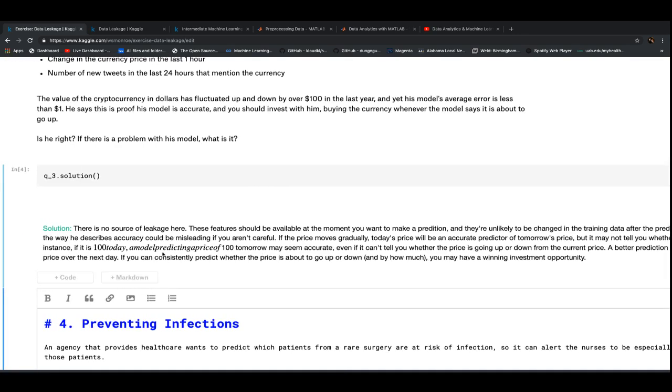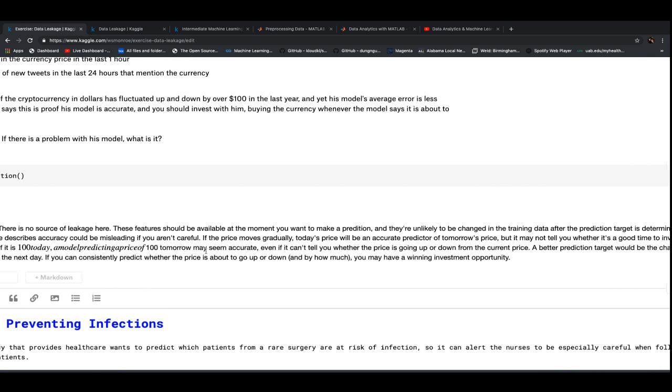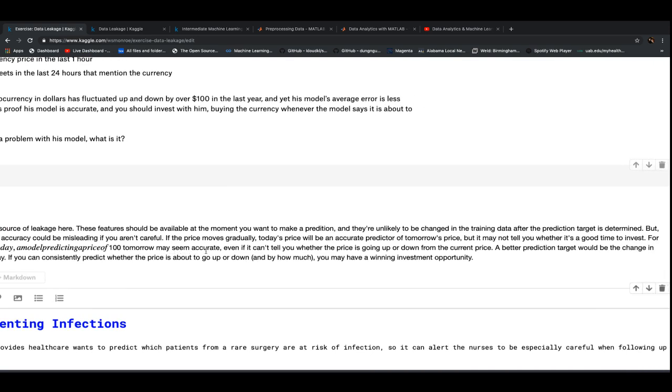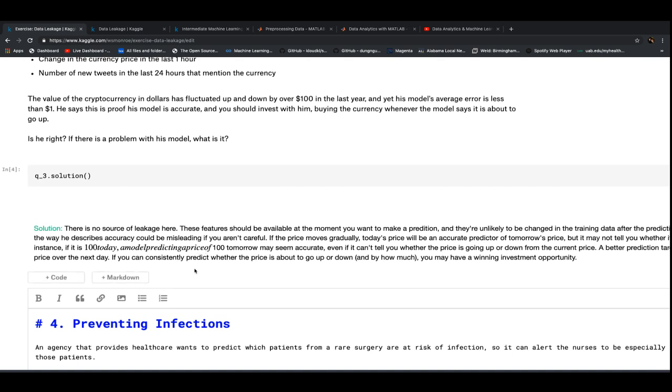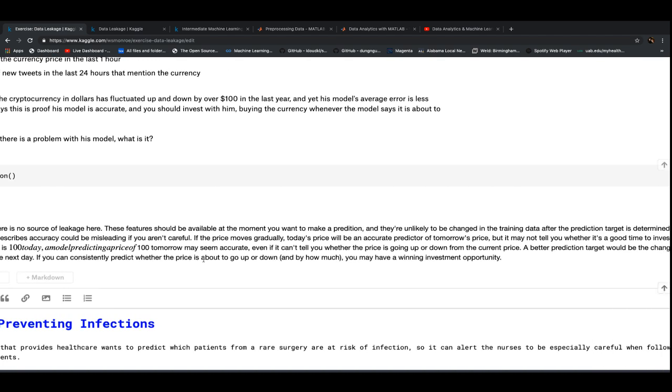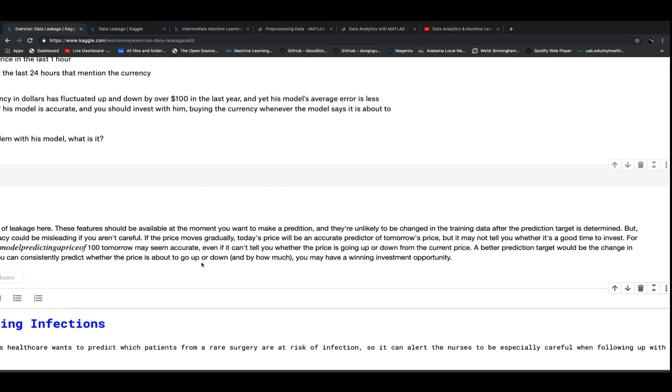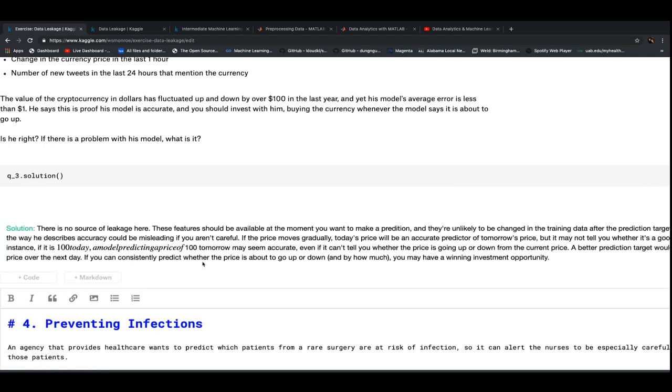If it's 100 today, a model predicting a price of 100 tomorrow may seem accurate, but it might not tell you whether the price is going up or down. A better prediction would be the change in price over the next day. If you can consistently predict whether the price is about to go up or down, you may have a winning investment. All right, that makes sense.